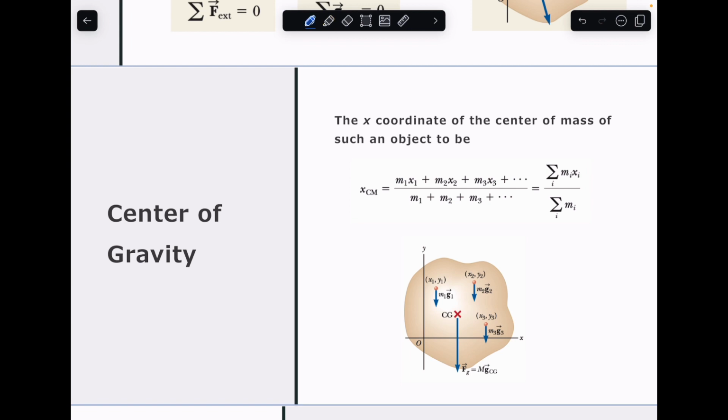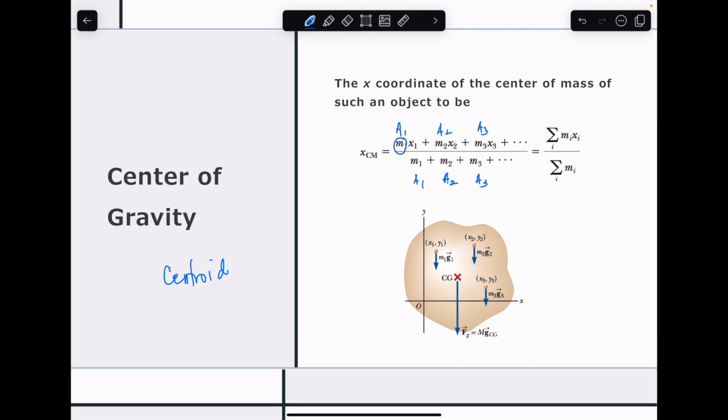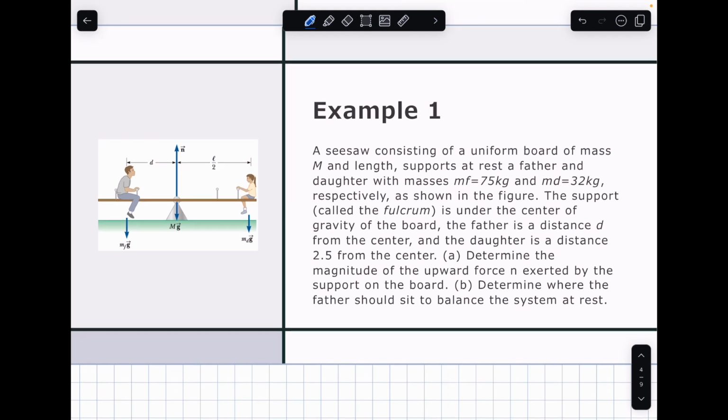So for the centroid, instead of a mass, we exchange this for the area. That is how we usually get the centroid for complex or composite figures. To better understand, let's have this example.